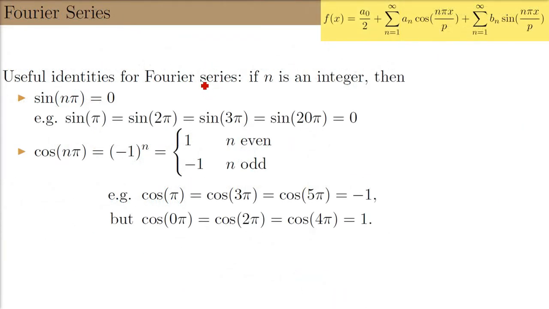So before we go to the actual example, there are useful identities which we will use. Sin n pi is 0. Sine of 1 pi, 2 pi, 3 pi, 4 pi, 5 pi, 20 pi, 400 pi, it's 0. So whenever you get sin n pi, just put it as 0. When we have cos n pi, that is cos pi, cos 3 pi, cos 5 pi, any odd multiple, it is negative 1.